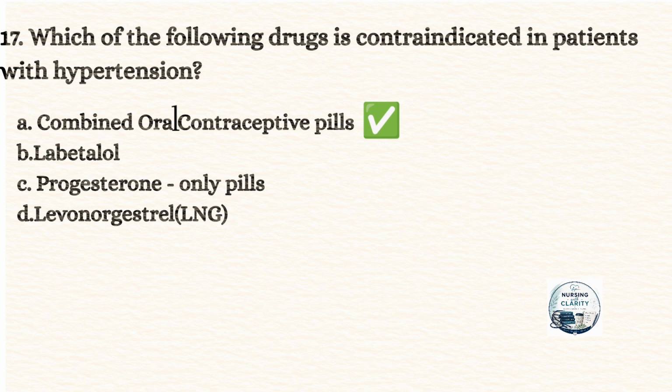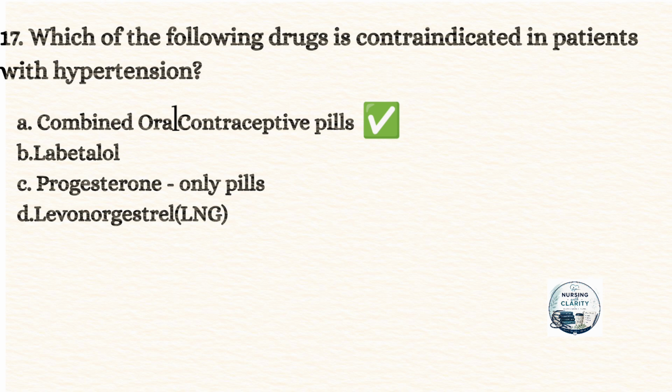Combined oral contraceptive pills contain estrogen, which can increase blood pressure by promoting sodium and water retention and enhancing vascular sensitivity to catecholamines. In hypertensive patients, this may worsen blood pressure control and increase risk of cardiovascular events.